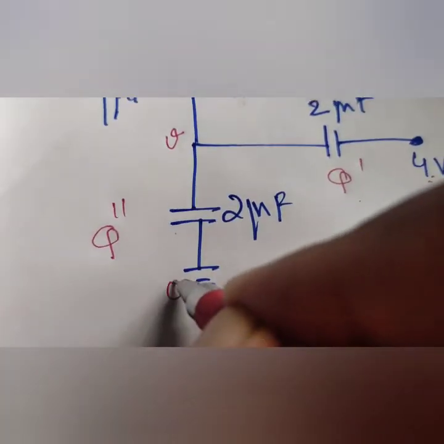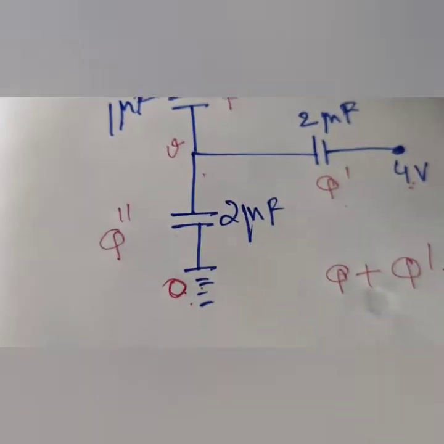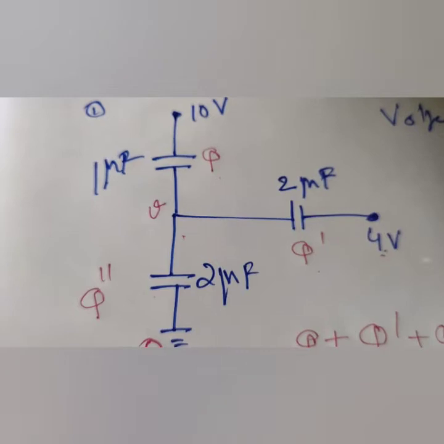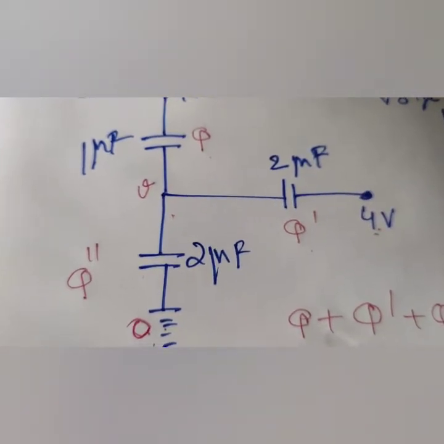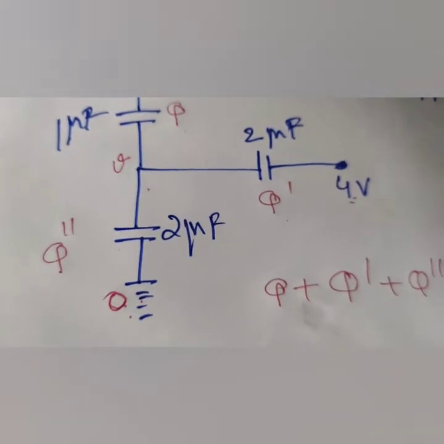Grounded means voltage will be 0, and it will be V minus 0, that is V.